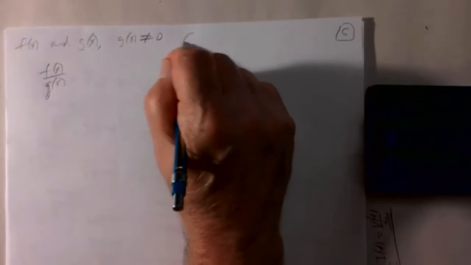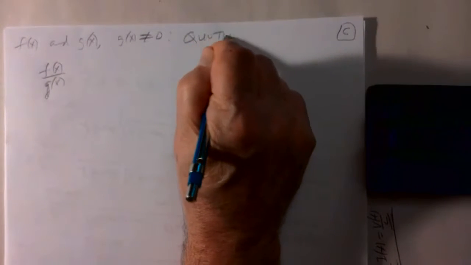So suppose we have two functions, f of x and g of x, and g of x isn't equal to 0. So you can divide by it. So if g of x is non-zero, you can divide by it.